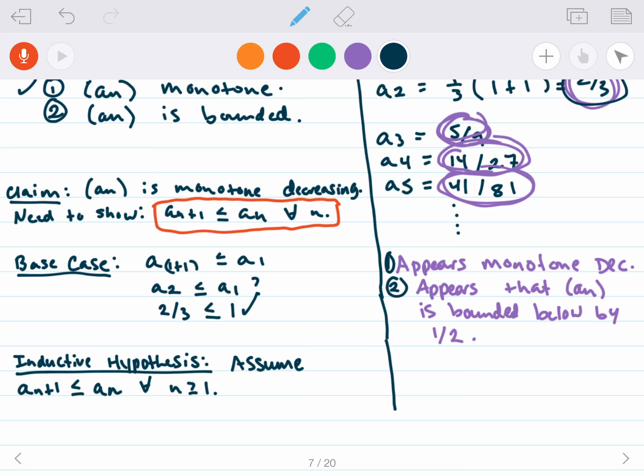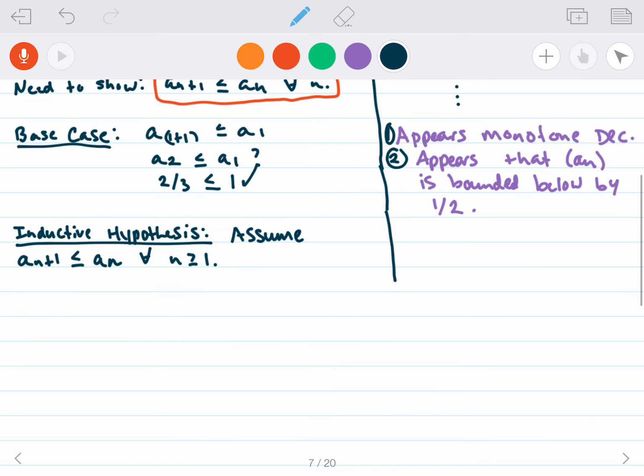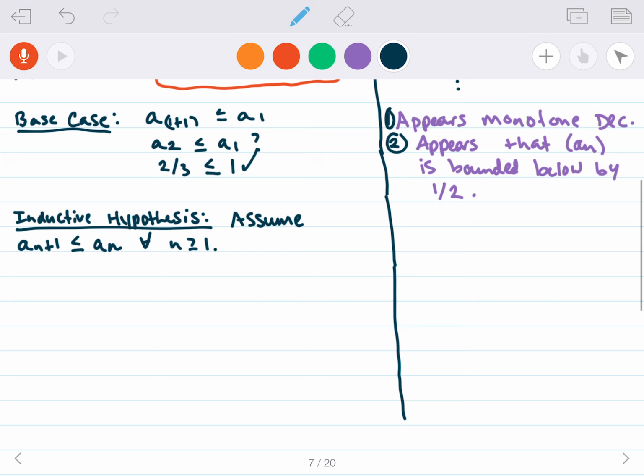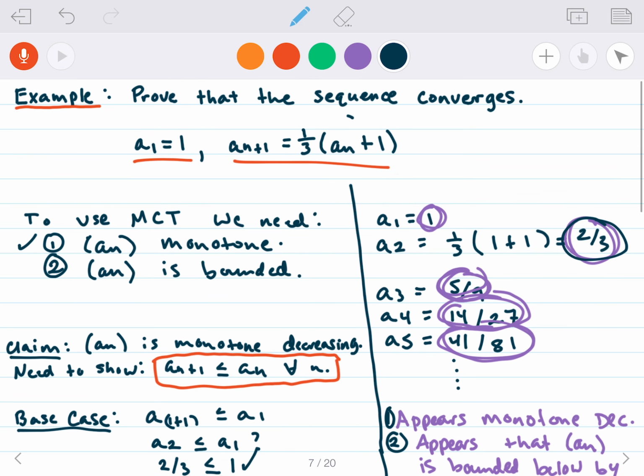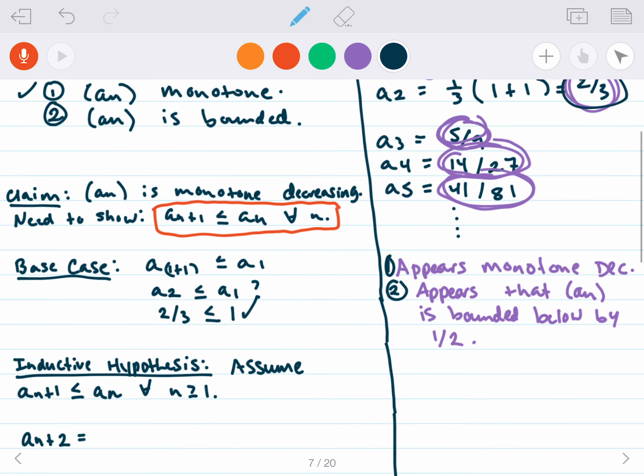And then we're going to show that the domino effect happens, that a sub n plus 2 is less than or equal to a sub n plus 1 with this assumption. Okay? So what is a sub n plus 2? A sub n plus 2, just by definition of the recursive sequence, it's going to be 1/3 times a sub n plus 1 plus 1.